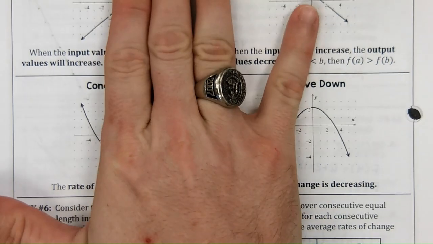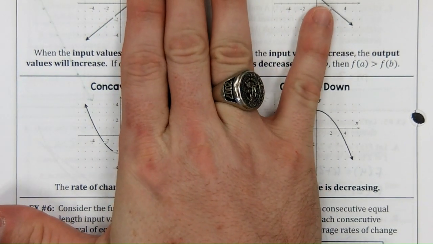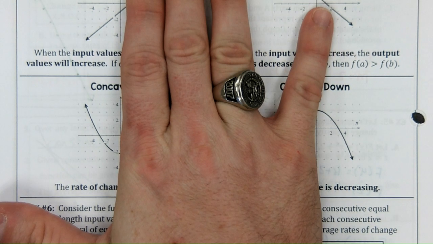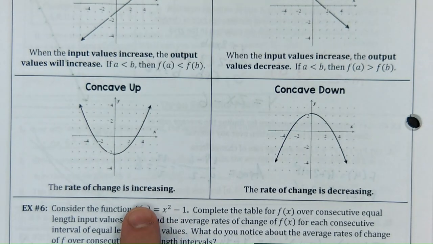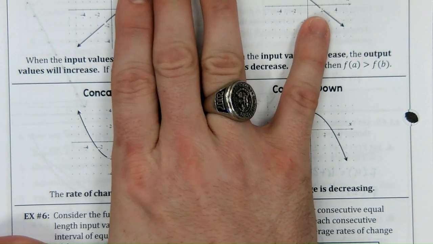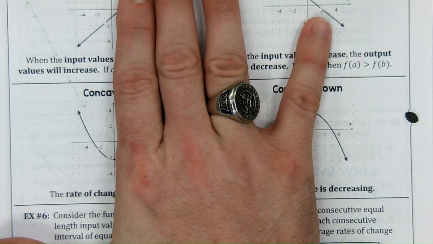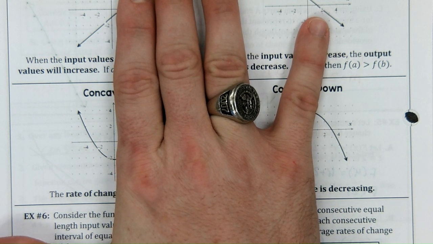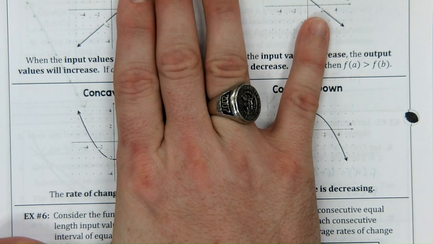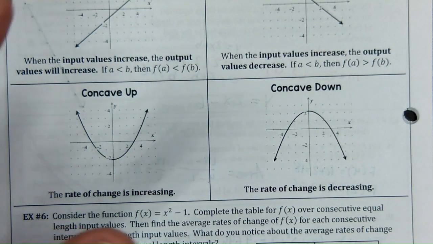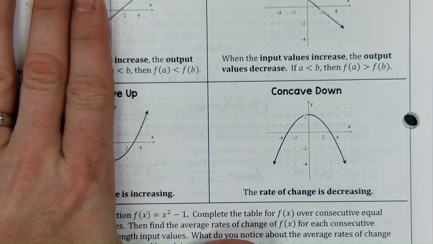So here, my graph is decreasing, but it is concave up. So that means my graph is decreasing, but since it's concave up and the rate of change is increasing, I could say my graph is decreasing at an increasing rate. My graph is increasing at an increasing rate.